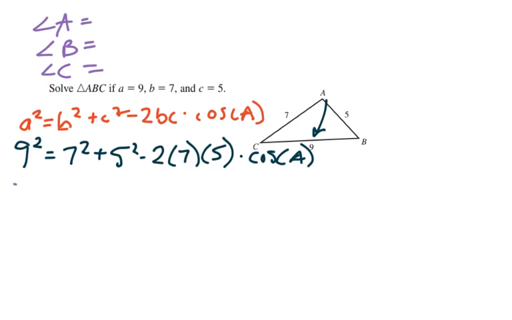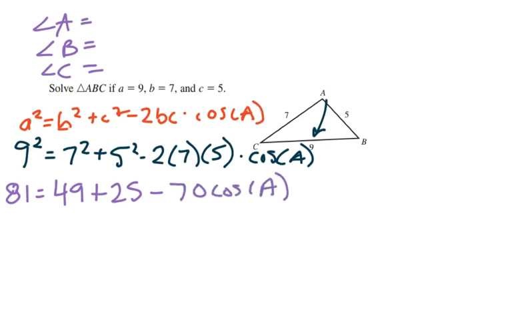So solving this, we have 81 and 49 and 25, and then 2 times 7 times 5 is 70, cosine of A. But we could put these two pieces together, 49 and 25, and get 74.